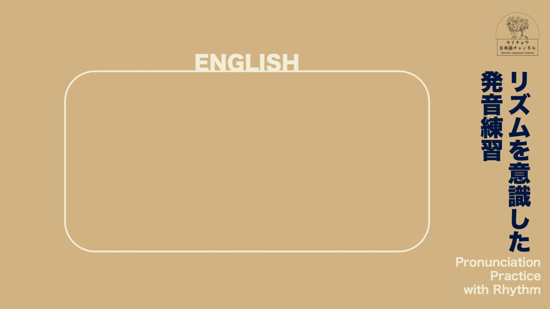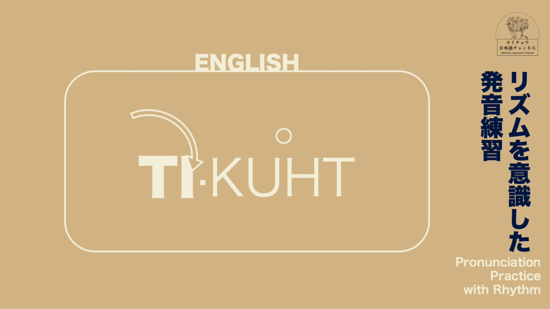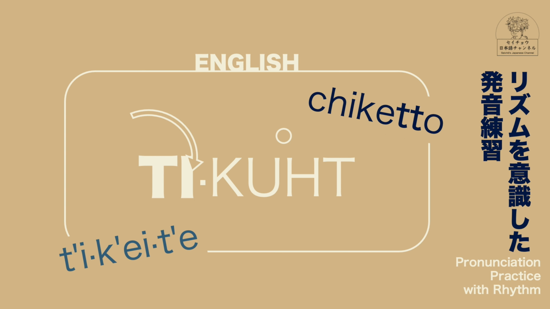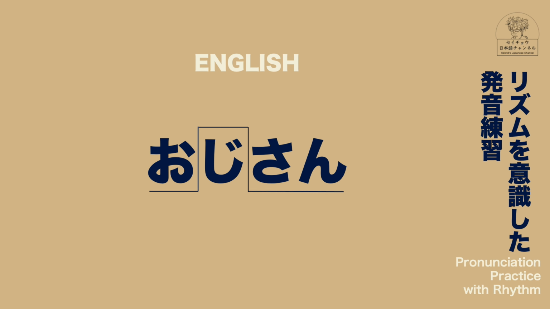American English, on the other hand, is a stress-timed language with very clear strong and weak patterns. For example, we say ticket as ticket, not ticketo, and not chiquetto. In oji-san, the high pitch falls on ji.